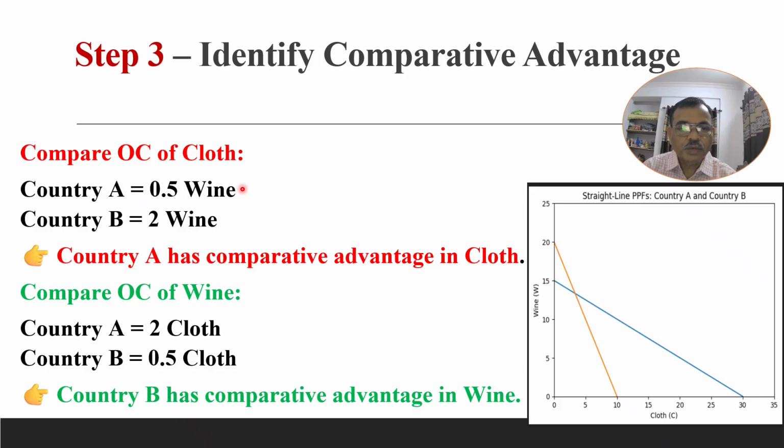Since 0.5 is lower than 2, country A has comparative advantage in cloth.